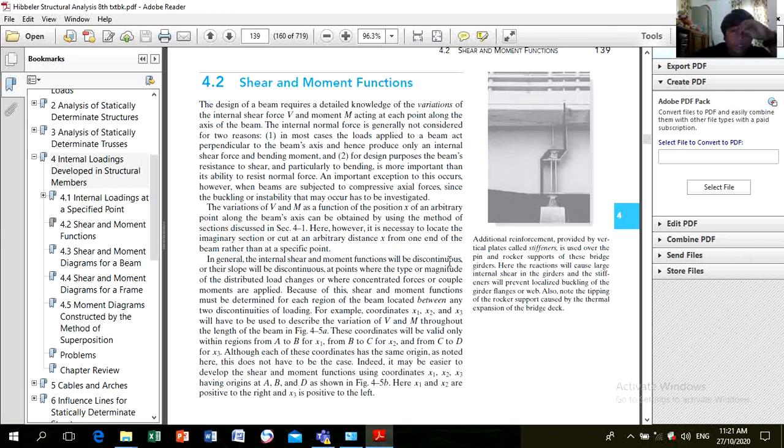In most cases, the loads applied to a beam act perpendicular to the beam axis and hence produce only an internal shear force and bending moment. And for design purposes, the beam's resistance to shear, particularly to bending, is more important than its ability to resist normal force. So that is important, why we are not including the internal normal force.